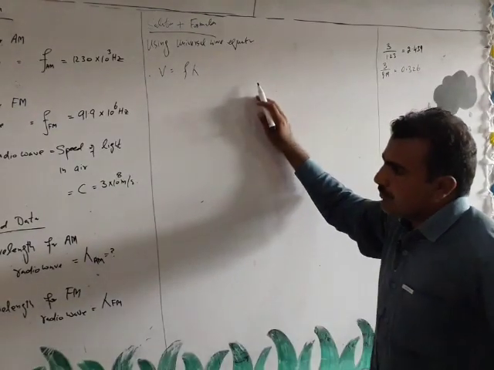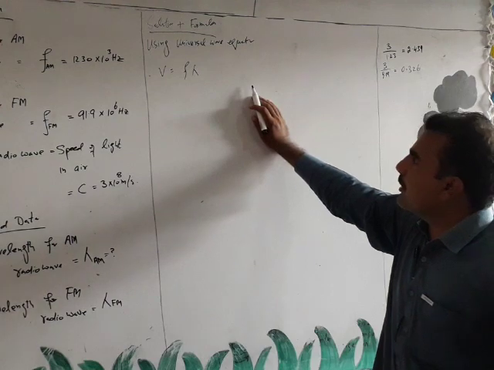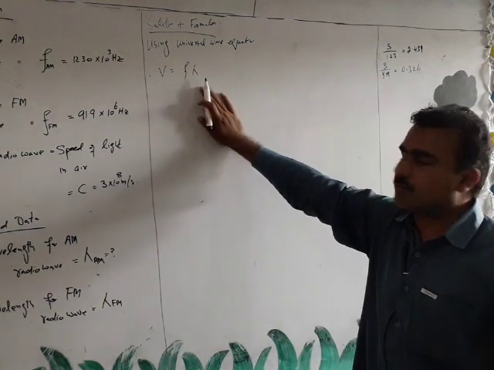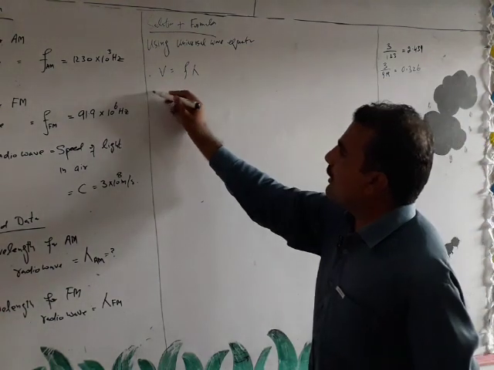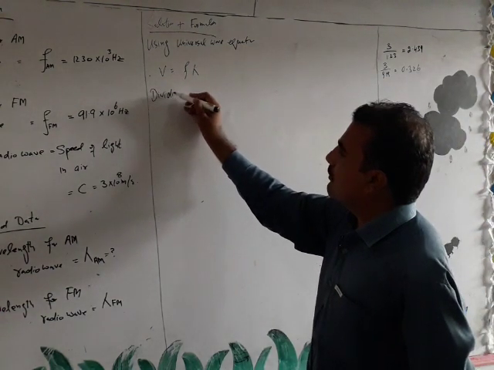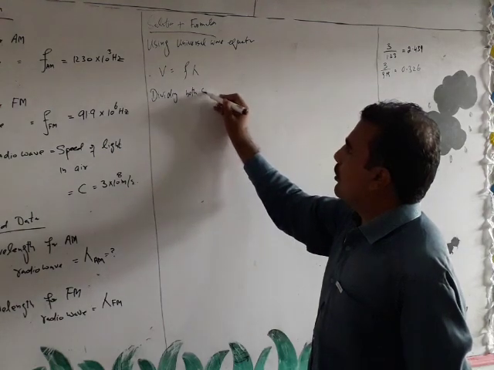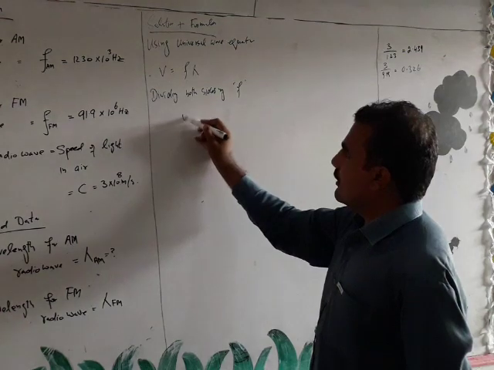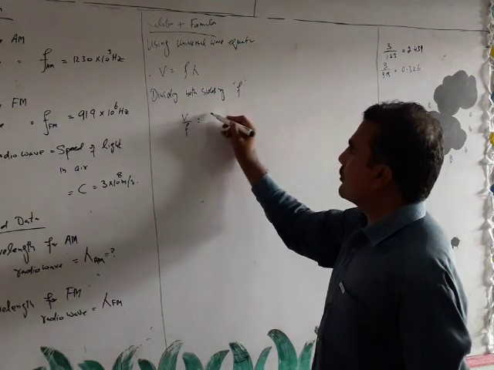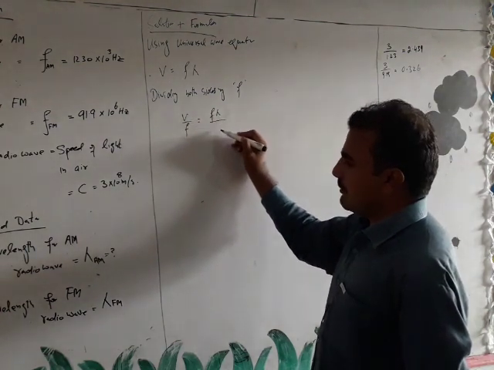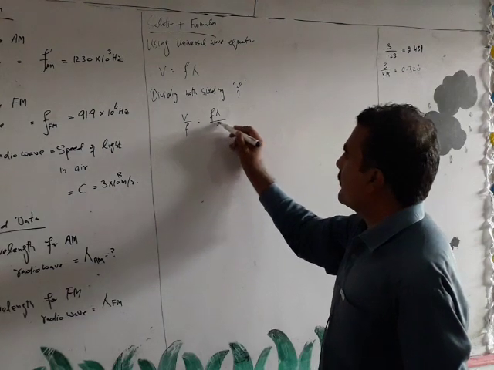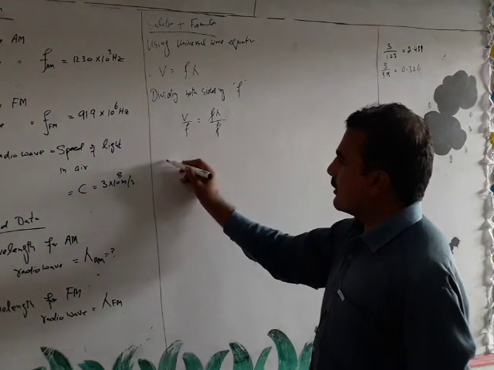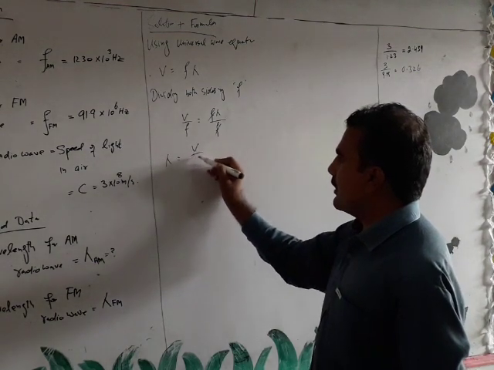But here we are going to find the value of lambda, so I will eliminate frequency by dividing both sides of this equation by F. So V divided by F equals F lambda divided by F. F will cancel with F and the value for lambda will become V by F.